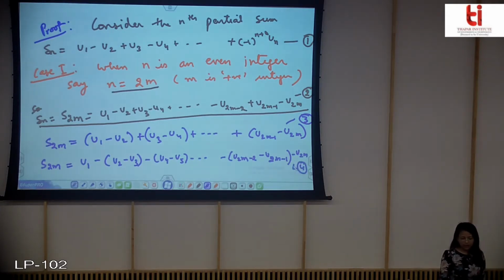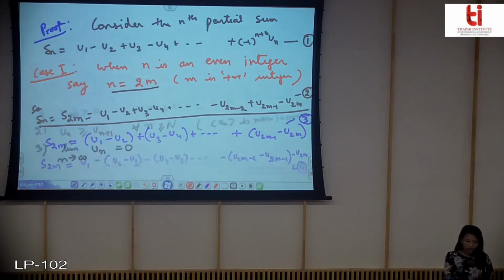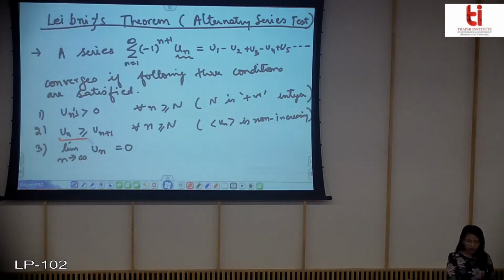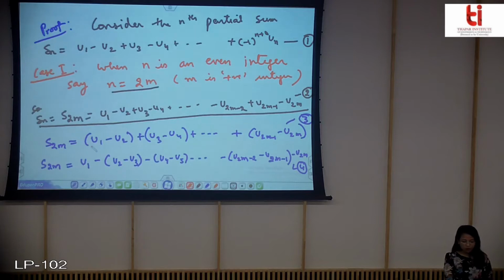Now let us see what equation number 3 and 4 tell us. Just have a look: you have the condition that un is greater than or equal to un plus 1. So if I look at this term, it will be either 0 or positive.